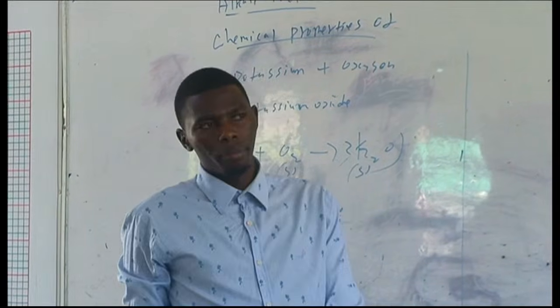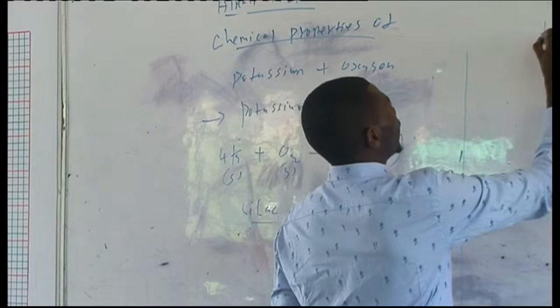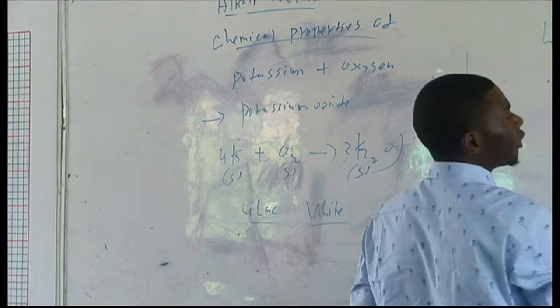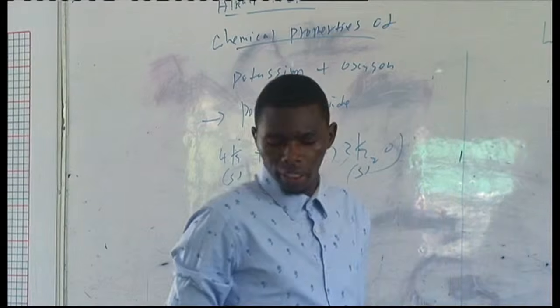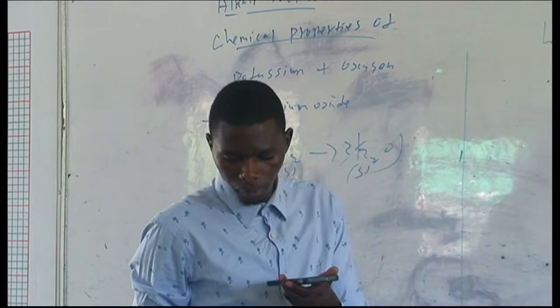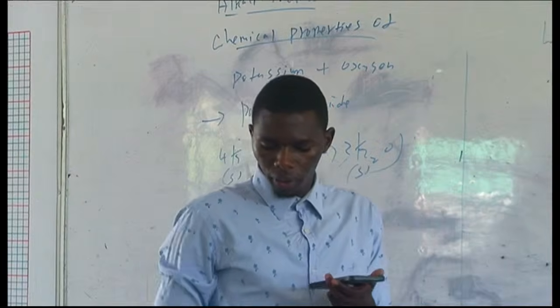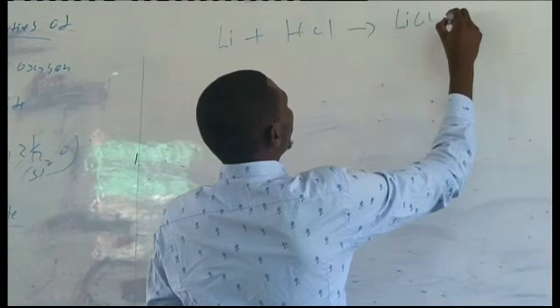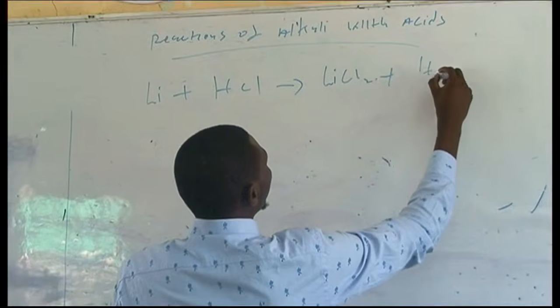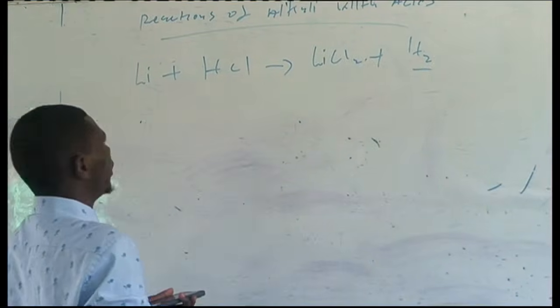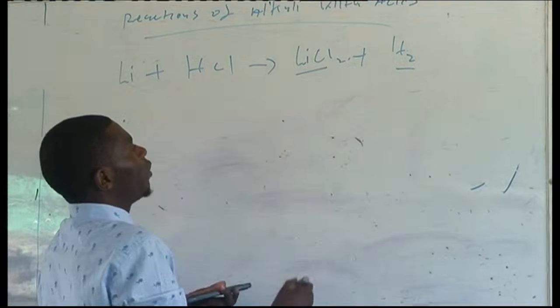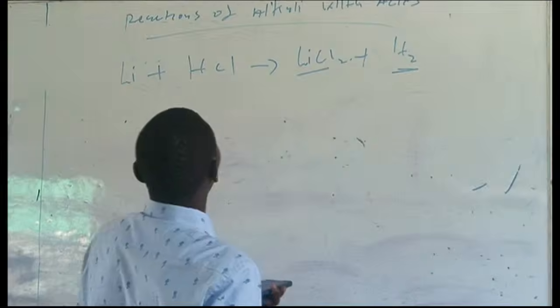For example, lithium reacting with HCl, or hydrochloric acid, will produce lithium chloride plus hydrogen gas. So we have a salt and hydrogen gas.